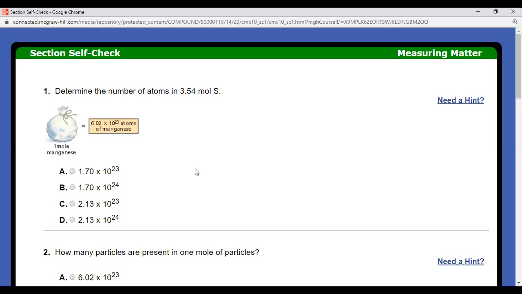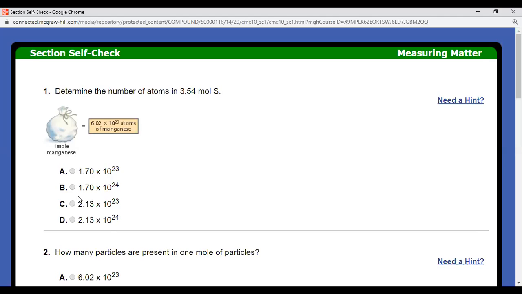Okay, if you cancel the 23, what is the number when multiplying 3.54 times 6.02? Multiply 3.54 by 6.02, equals what? 20.769.